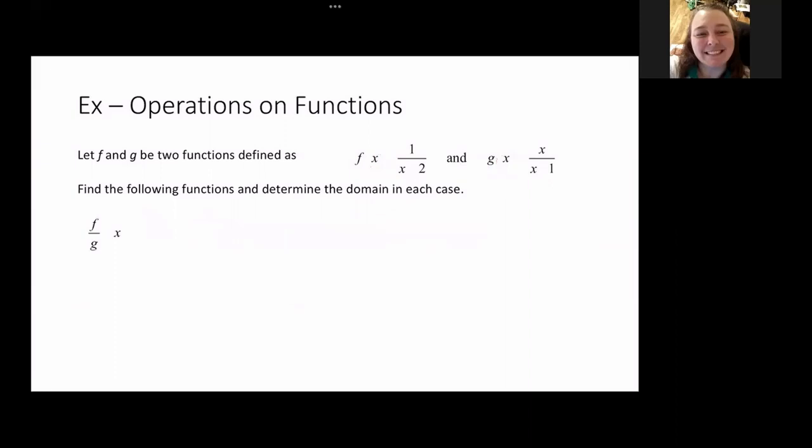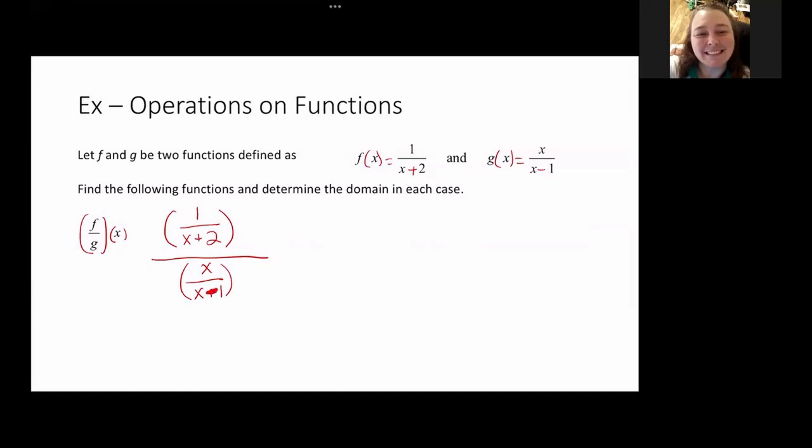And let's go through the last one. The last one is going to be division. f of x plus, g of x minus. There we go. So I want to do 1 over x plus 2 divided by x over x minus 1. Sorry, it's supposed to be minus.